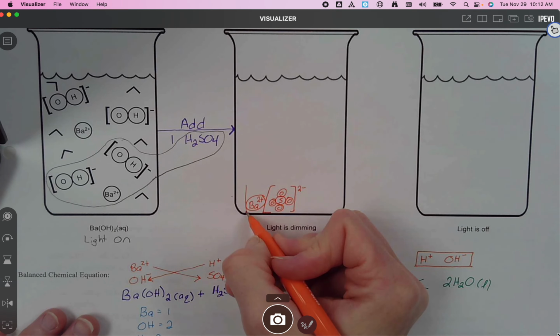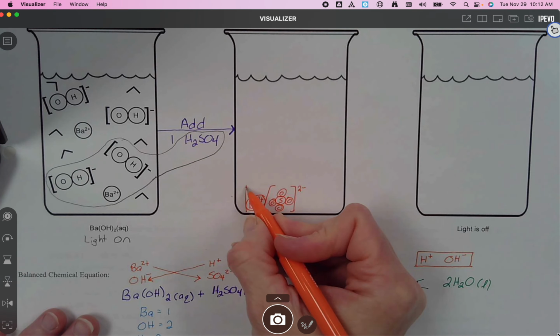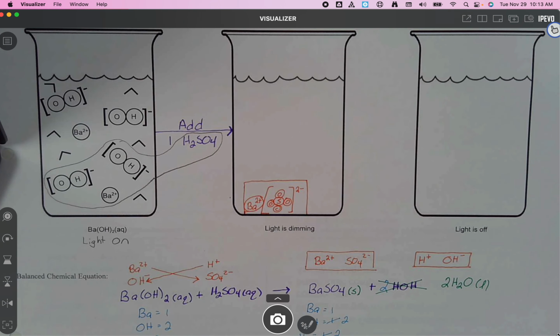And I'll box that in to show that that's the part that turned into the solid. In addition to that, I make 2 water molecules.